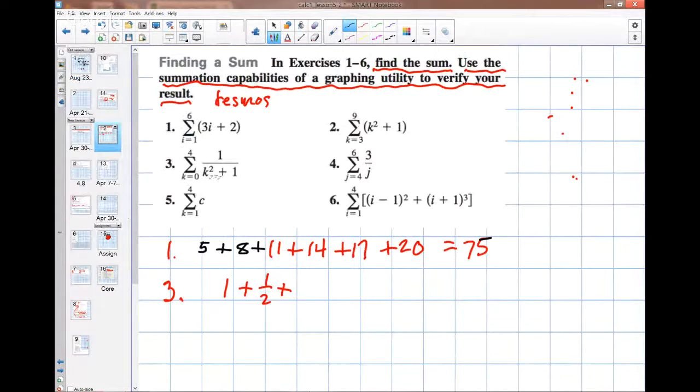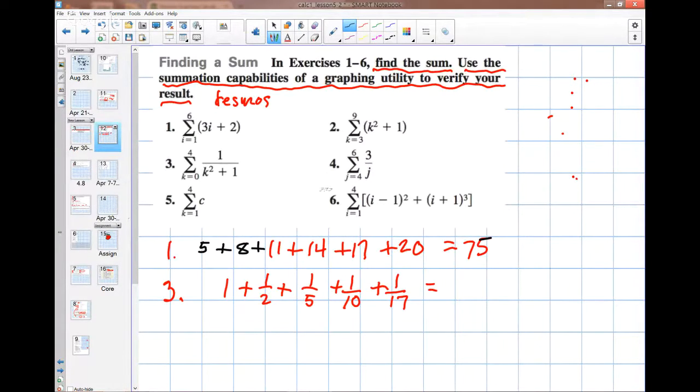When k is 2, we've got 1/5. When k is 3, we've got 1/10. And when k is 4, we've got 1/17. So there's what it's actually asking you to do.